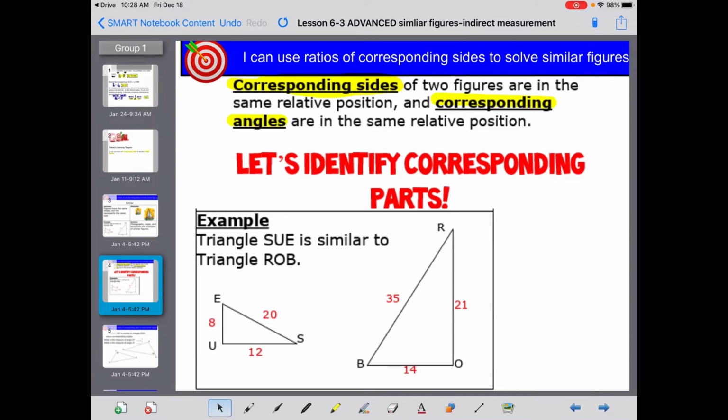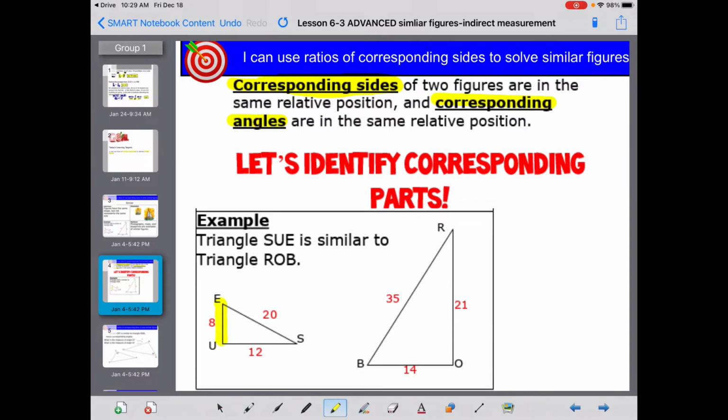They are in the same relative position to each of us. And our eyes are in the same relative position on each of us. Well, the same thing is true for shapes. Corresponding sides of two shapes are in the same relative position, and corresponding angles are in the same relative position. So let's start by identifying corresponding parts.